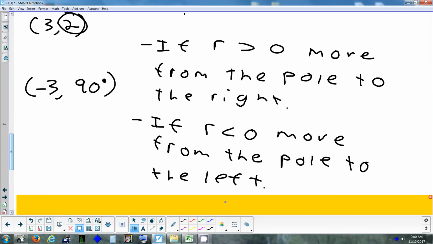Don't think of it as a -3 radius. Think of the negative as a direction. Like if positive means you go right, negative just means you go left. It's not that it's negative distance. The negative is just telling you left, where a positive tells you right. So if you think of it that way, then you don't have to think of it as negative distance.